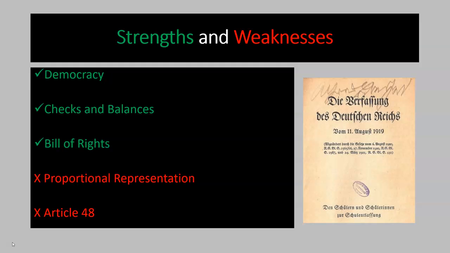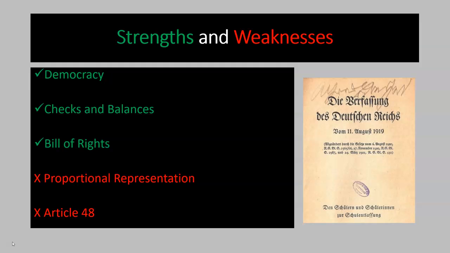However, a big problem with proportional representation is it meant that many small parties won seats in the Reichstag. There were actually 29 parties in total during the 1920s, and because of this, usually no single party had a clear majority. The only way that governments could be formed was if several parties joined together as coalitions.